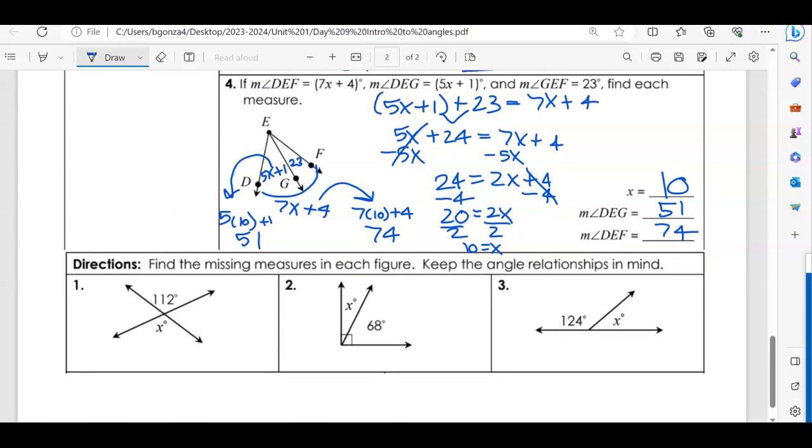Ready? Underneath number 1, write vertical angles. These are called vertical angles because they're across from each other. And vertical angles are congruent. Number 2, if they make a 90-degree angle, they're called complementary. They complement each other.